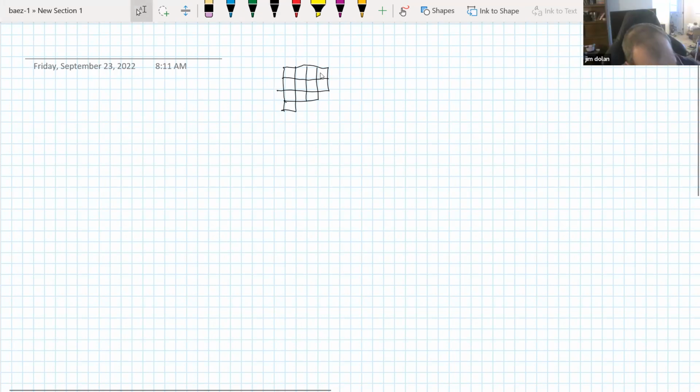Okay, so let's see. Down the main diagonal is like 1, 2, it's length 3. And the one next to it is length 2. And then the one next to that is length 2. And then the one next to that is 1. On the other side, it's 1, 2. On the other side, it's just 1.